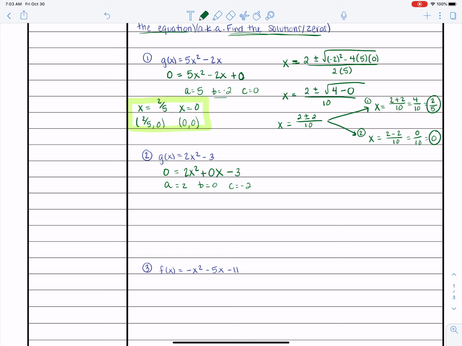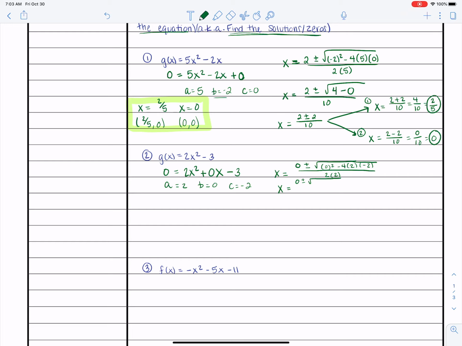All right, so now x equals negative b. Well, negative 0 is still just 0, plus or minus the square root of b squared minus 4ac, all over 2a. All right. 0 plus or minus the square root. 0 squared is 0.